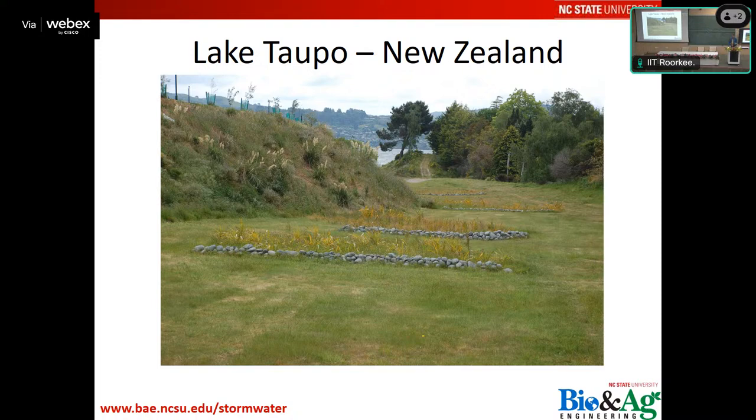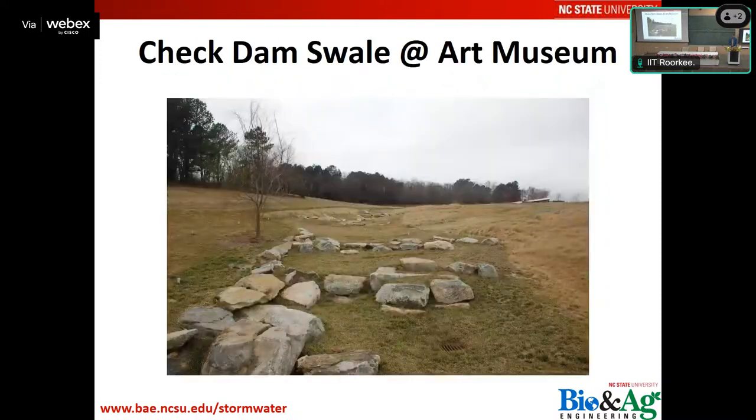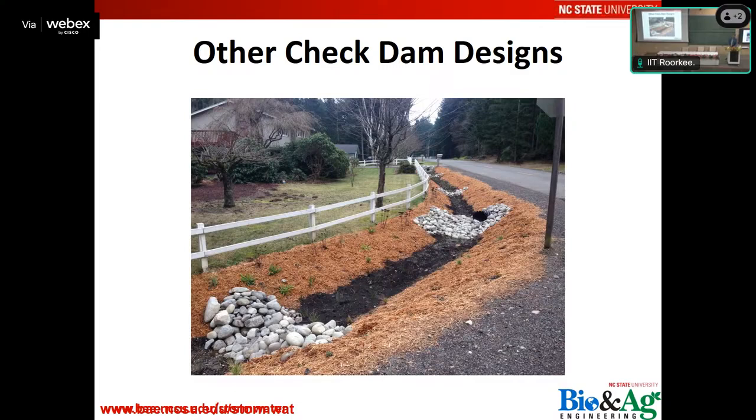This one here is a very broad swale, but still very attractive. Here's where they have sort of boulder check dams, and they've created almost a step pool system in the art museum. And here's a more classic case that we would see of check dams for swales. By me showing these pictures, I think everyone gets it.